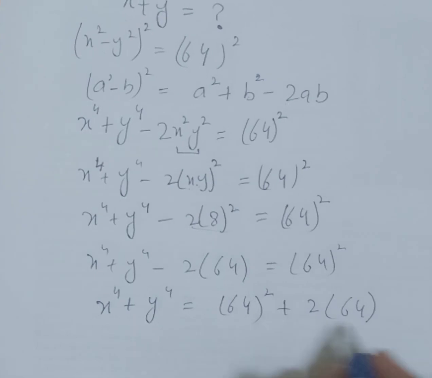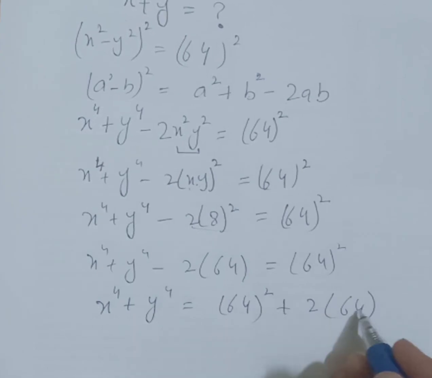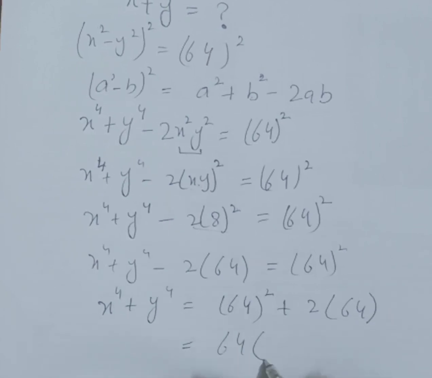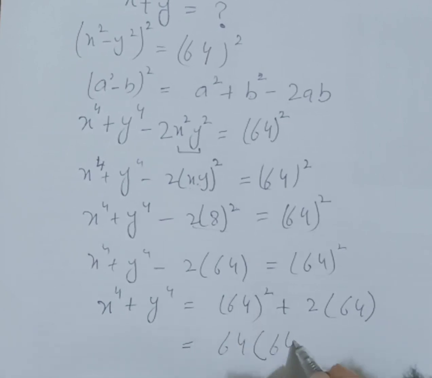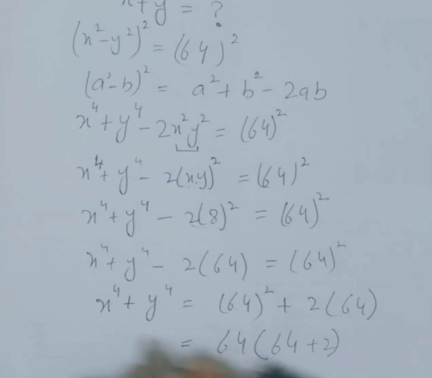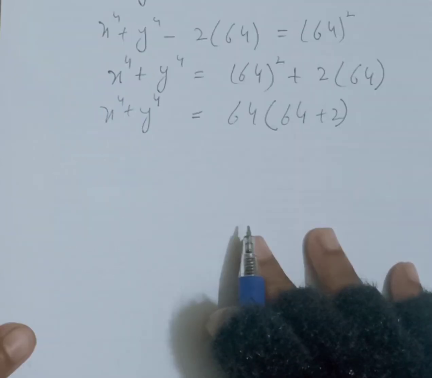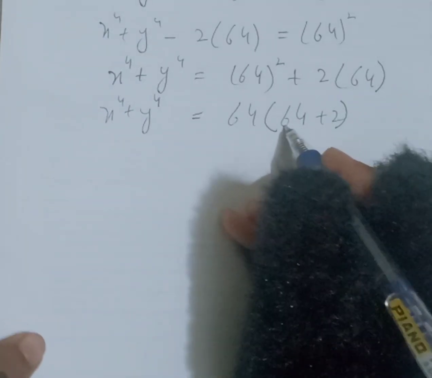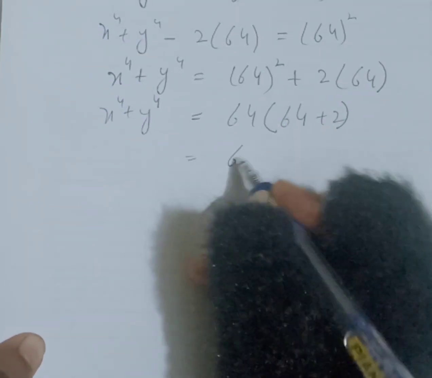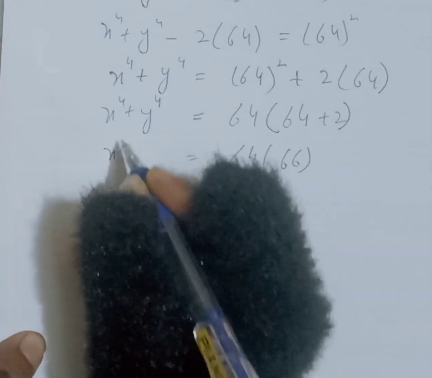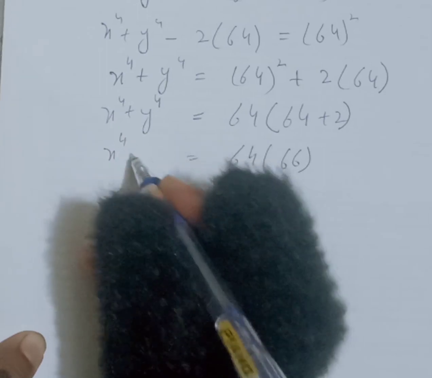Now look at the right hand side, 64 is involved in these two terms, so we take it common, then this will become 64 times 64 plus 2, and the left hand side is x^4 plus y^4. So 64 plus 2 is 66, and this is x^4 plus y^4.